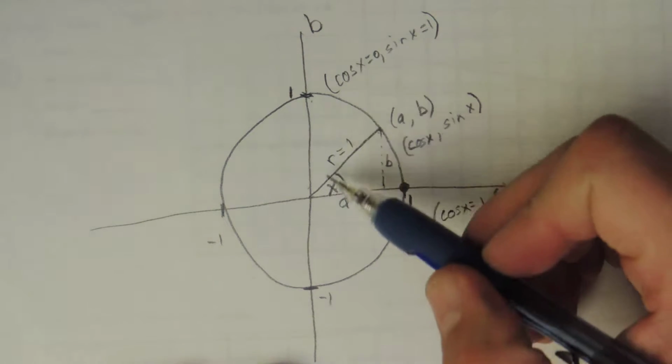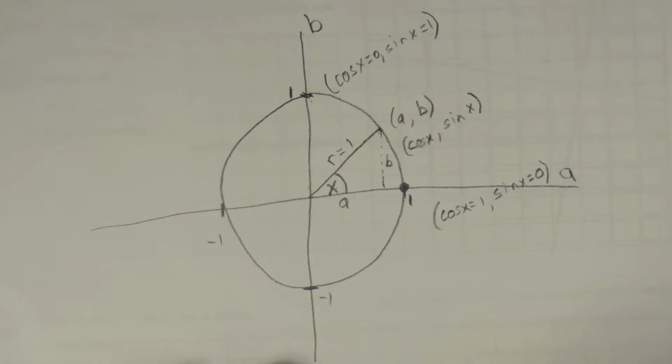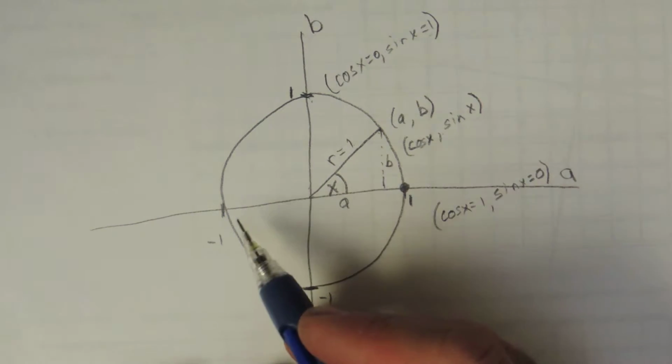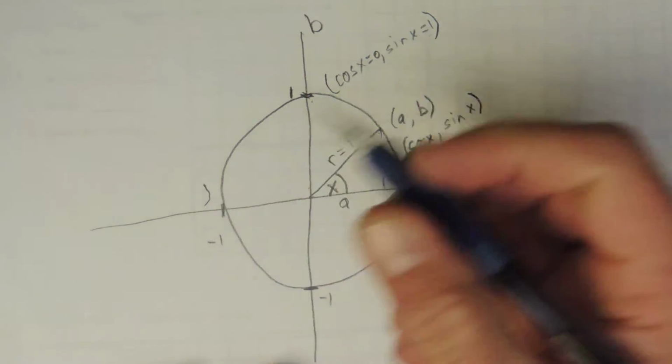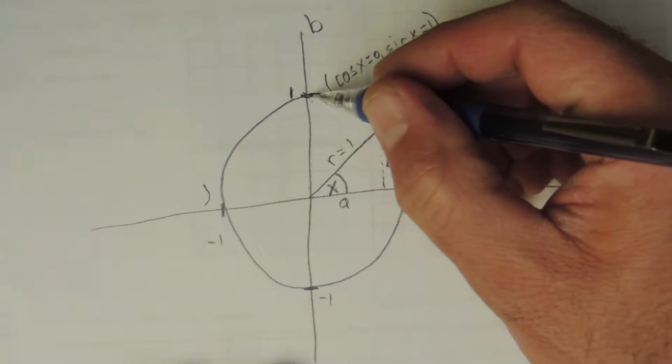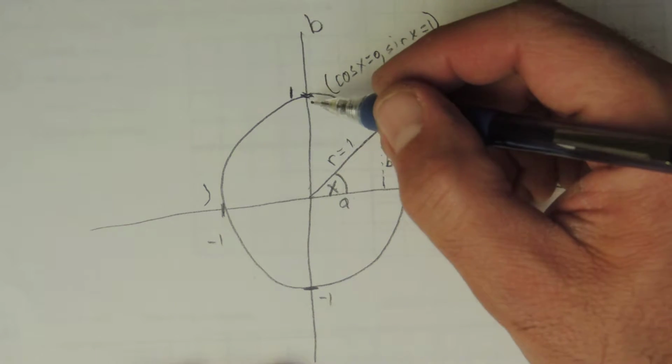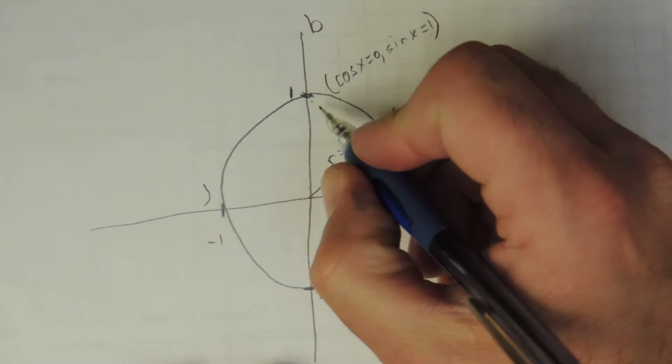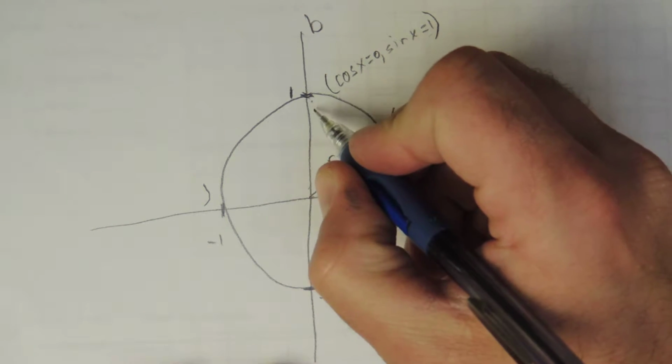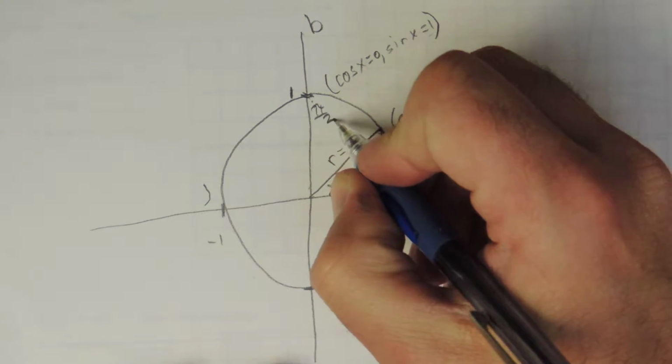My a value is now 0, my b value is now 1. And I'm going to continue around here. Right here my x is 90 degrees, or pi over 2 radians. So x will be pi over 2.